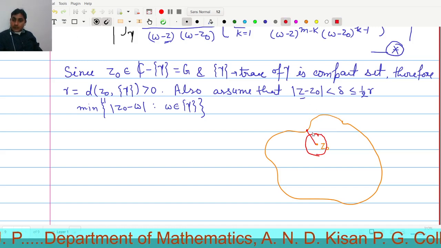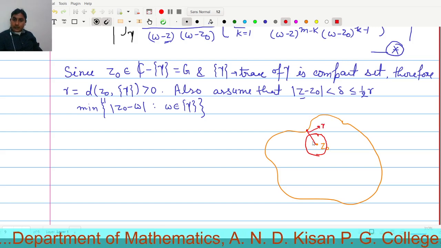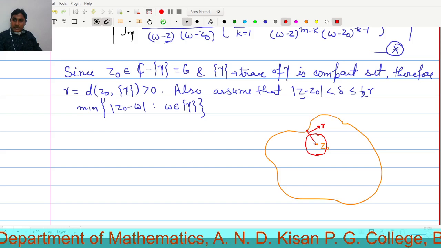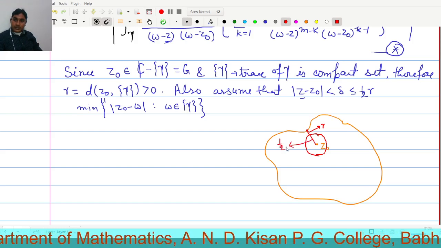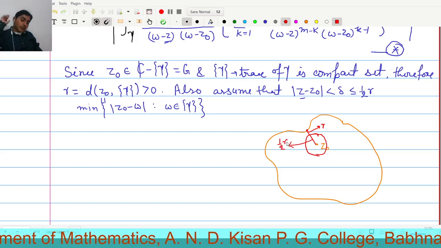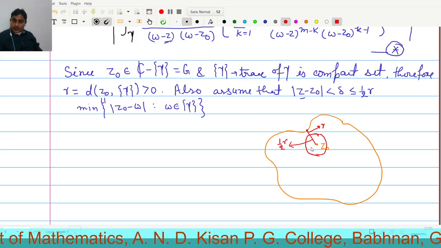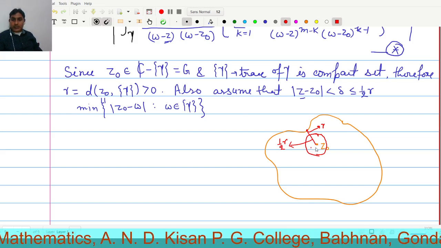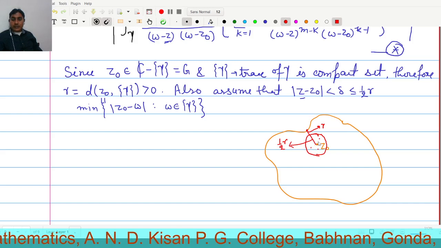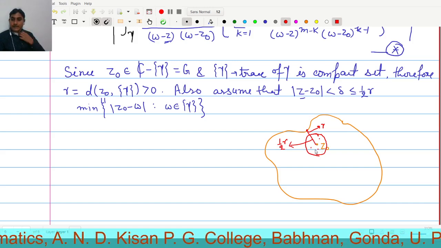This total length is R, but I have taken this particular radius R by 2. So Z lies somewhere inside this disk, anywhere, but inside this disk.